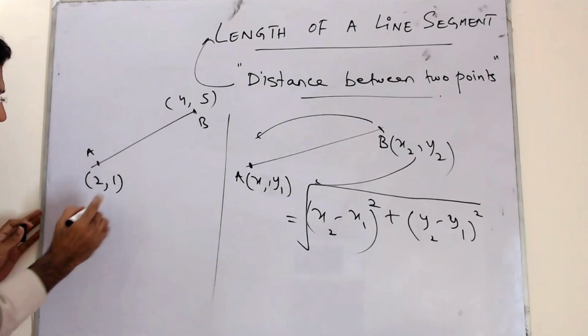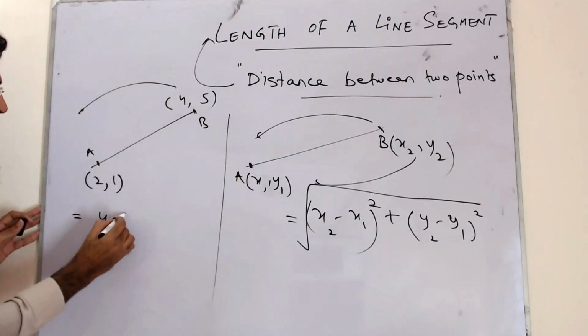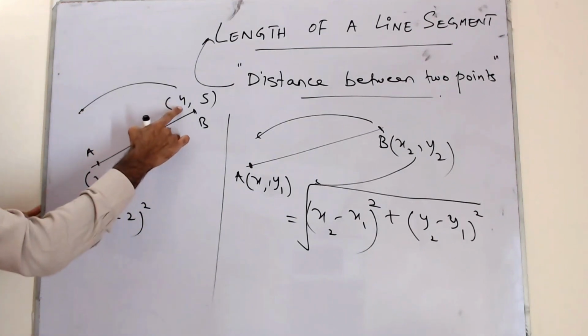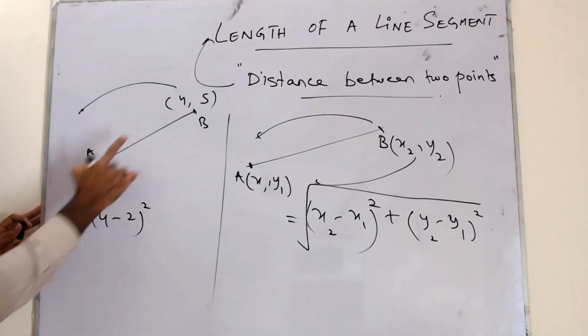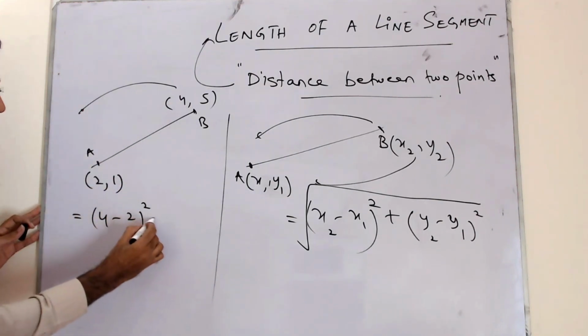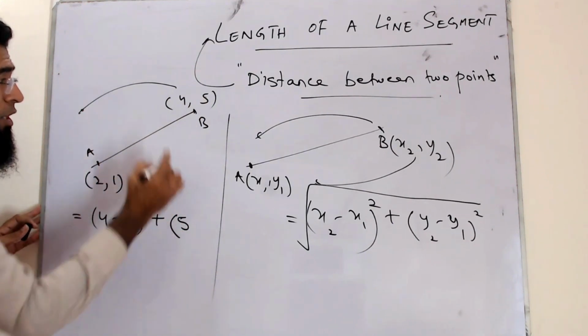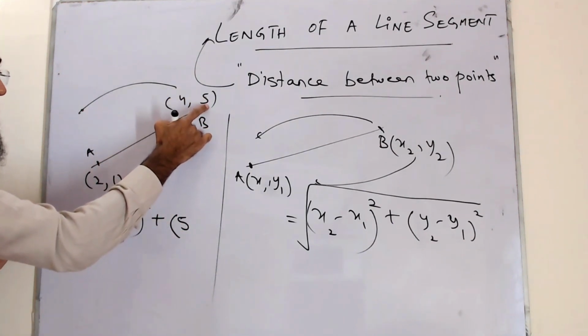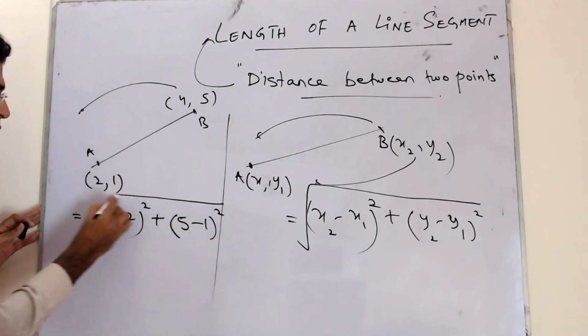So let's see what the formula is. x2 minus x1 whole square, x2 is 4, x1 is the x coordinate of the first point, plus y2 minus y1 whole square, where y2 is the y coordinate of point 2, and whole under root.